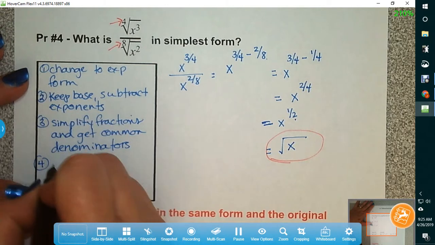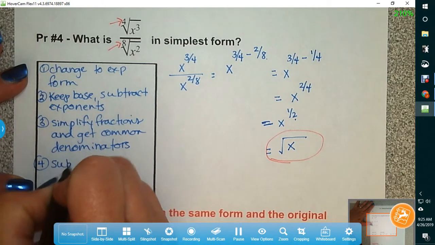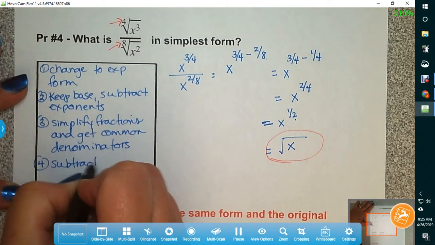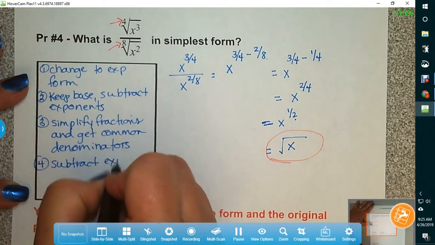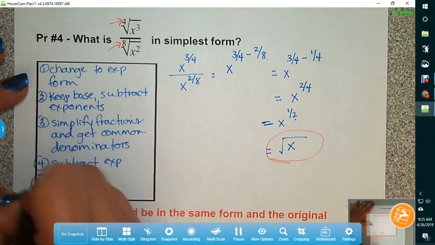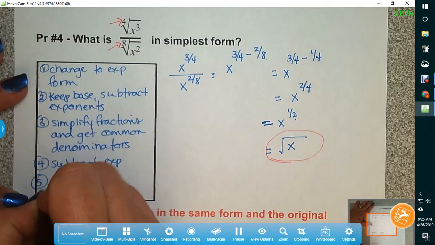Okay, and then we're going to finish our subtracting. And last, step 5 was correct form.